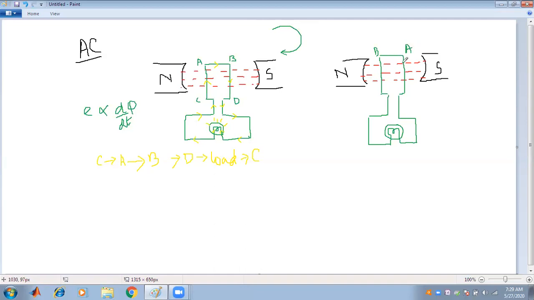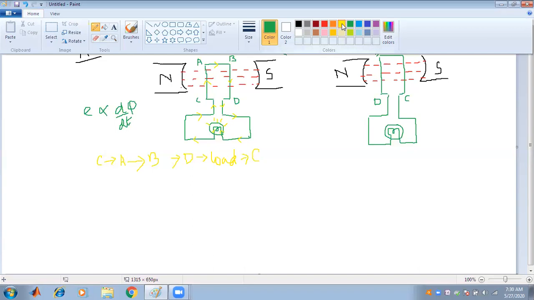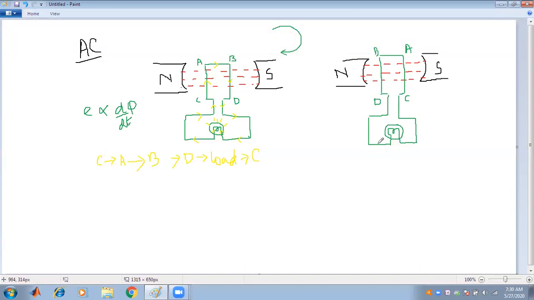So as the conductor rotates, the coil position changes after a 180-degree rotation. The direction of the current flow to the load will remain the same in order to light the bulb.